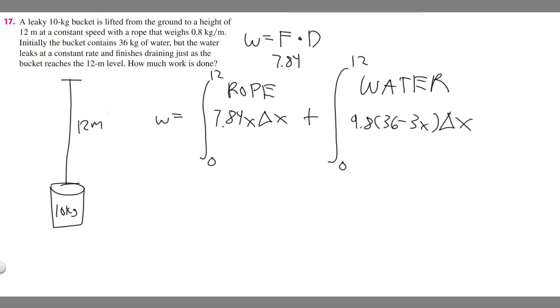Now let's find the last one, which takes into account the bucket. We actually don't need an integral for this. You can just solve it this way. We know work equals force times distance, and the distance is 12 meters. What's the force?